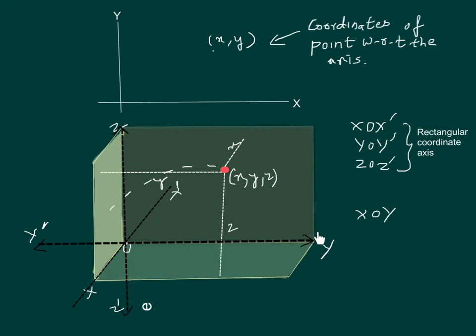Then the next one will be YOZ, and we'll have XOZ. So these are called the XY plane, YZ plane, and ZX plane.